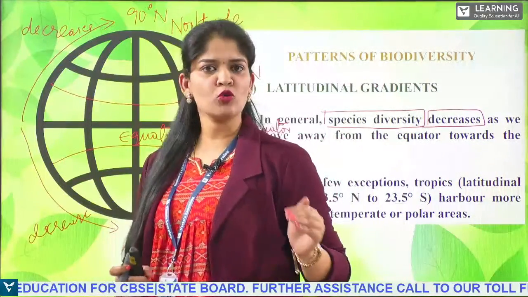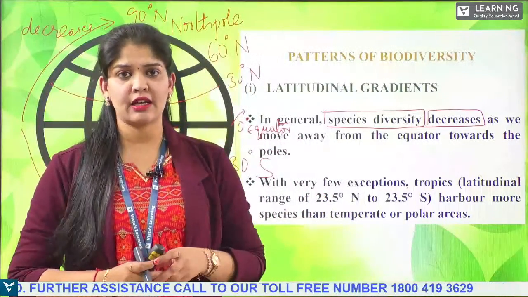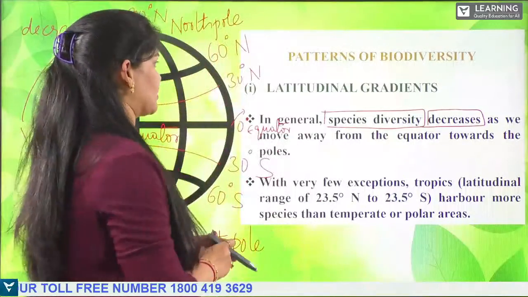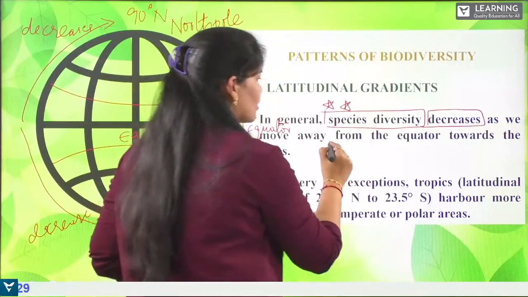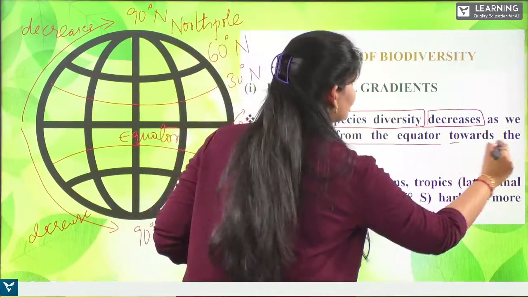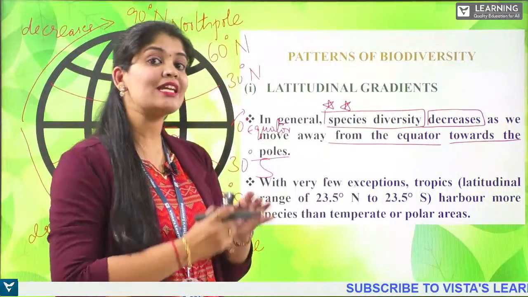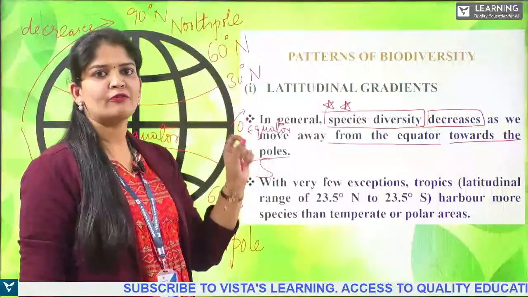Whether we are moving close to the South Pole or the North Pole, in both cases there is a decrease in the species diversity. This is very, very important. Decrease in species diversity if we move from equator towards poles. That means more diversity is present near the equator, with very few exceptions.